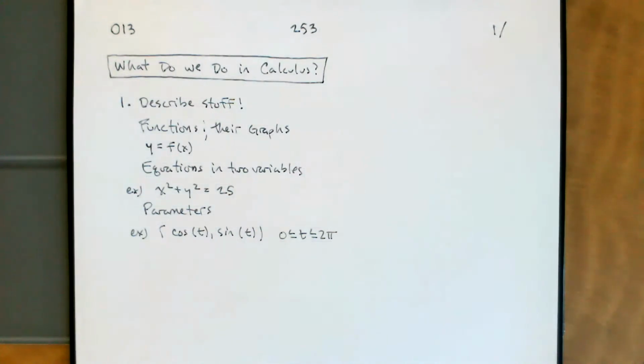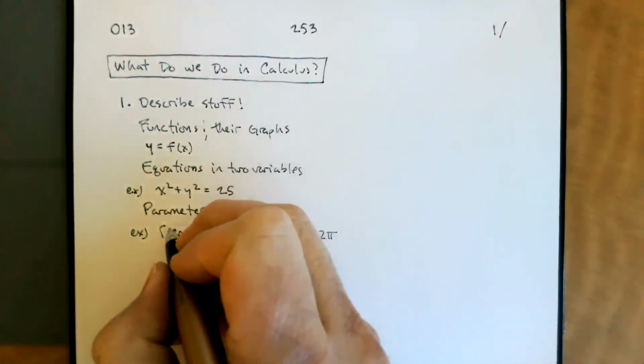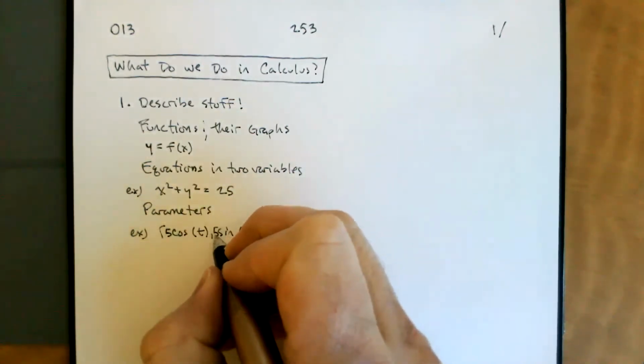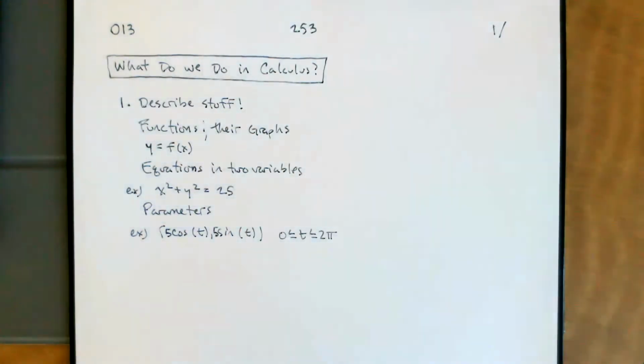So here's that same circle. Oops, I had a radius of 5. Here's that same circle with a radius of 5 centered at the origin, written in parameters, parameterized. Where the x coordinate is 5 cosine of t, the y coordinate is 5 sine of t, and that gives us a circle.